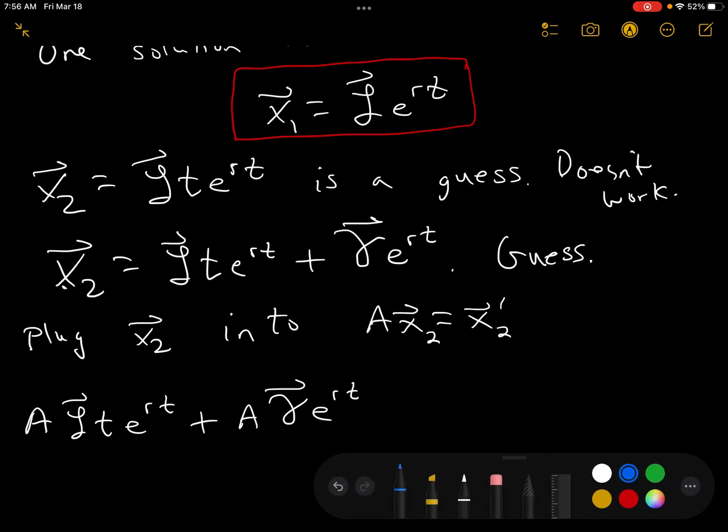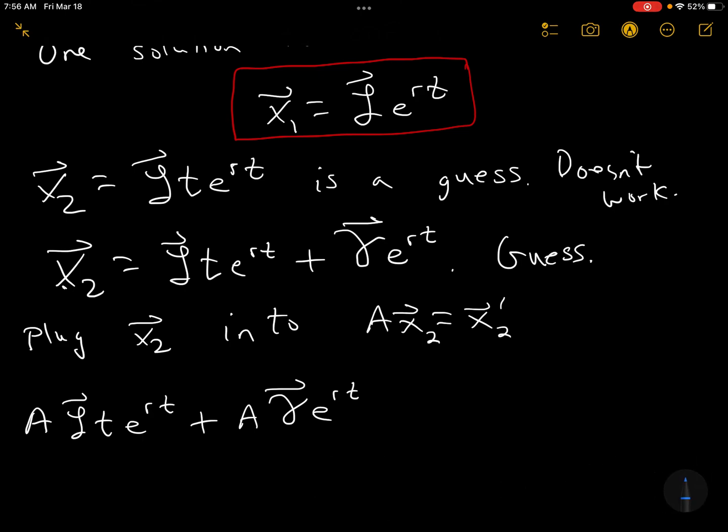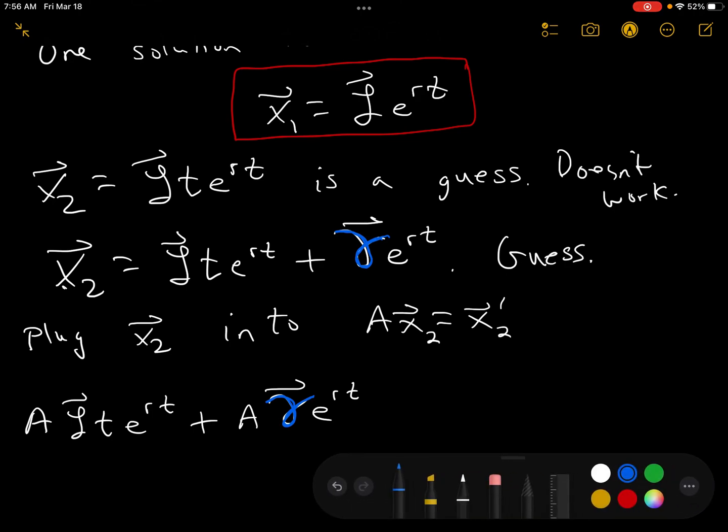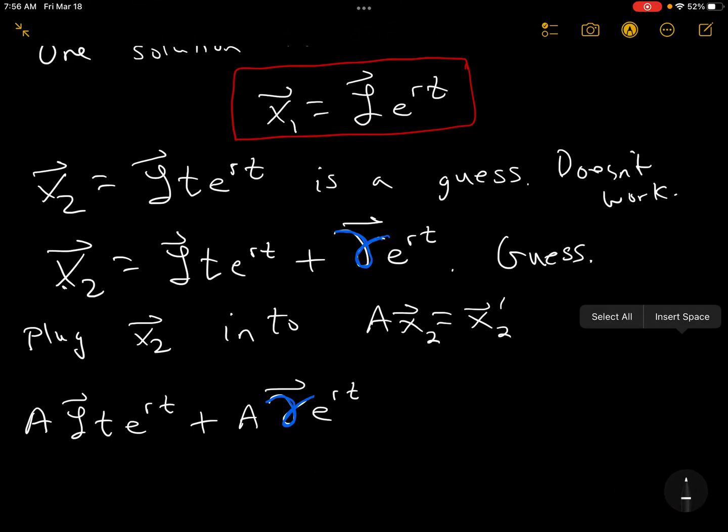And I'm going to try and make my gammas all blue, because that's what we're looking for. So that's the left-hand side of the equation.